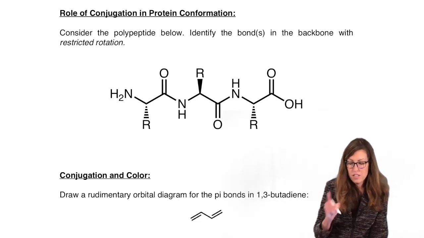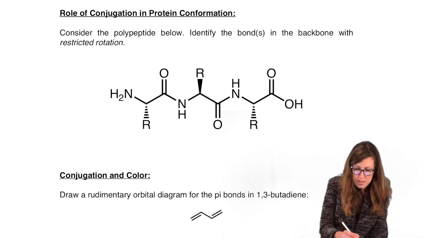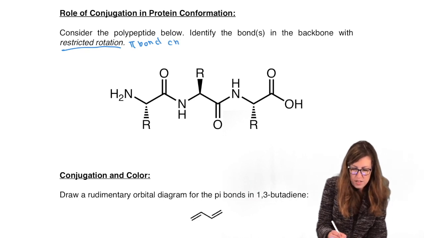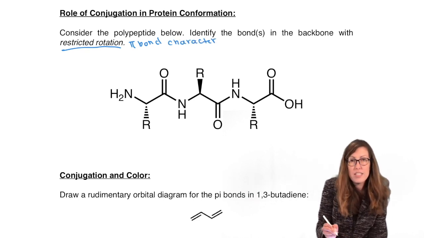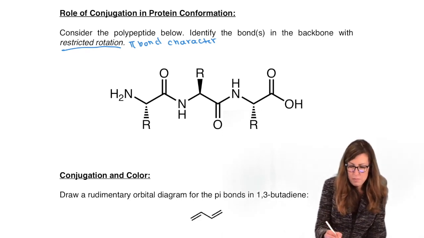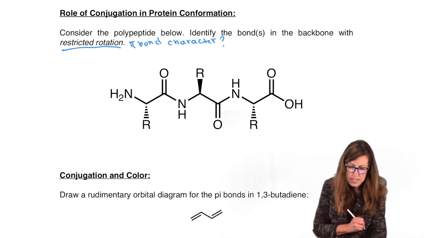Notice I said character. It doesn't even have to be a total pi bond. A pi bond has no rotation, but if it even has pi bond character, it will have less rotation. So in other words, what sigma bonds in the backbone can have pi bond character?